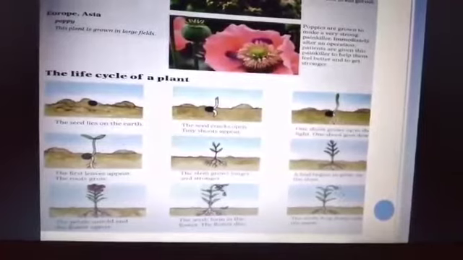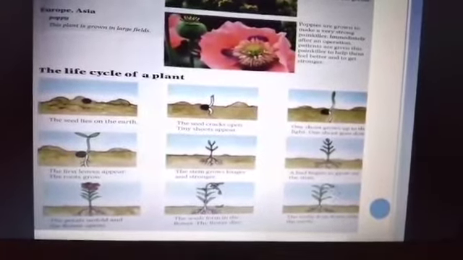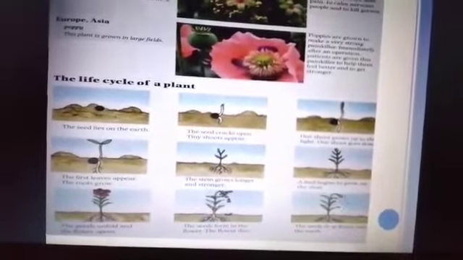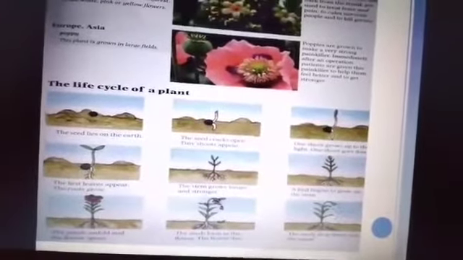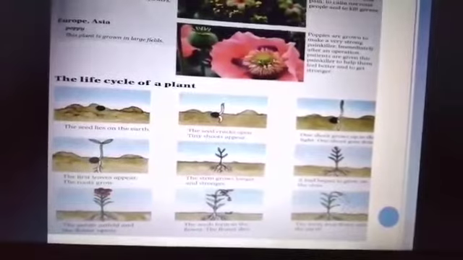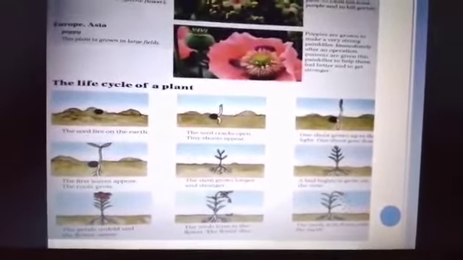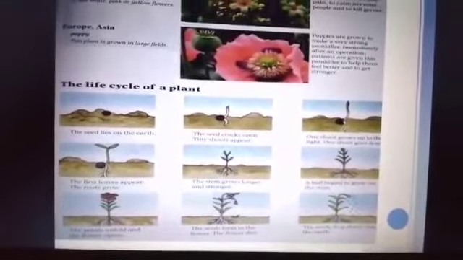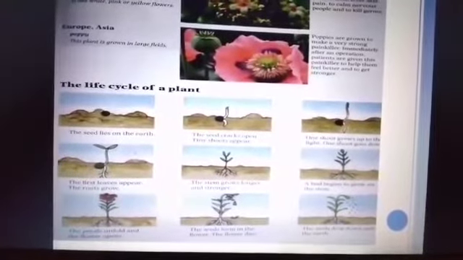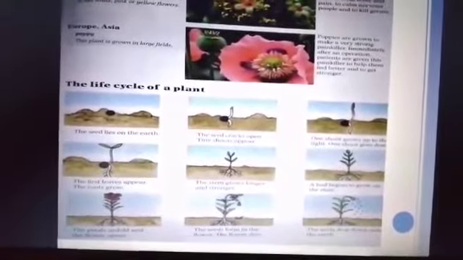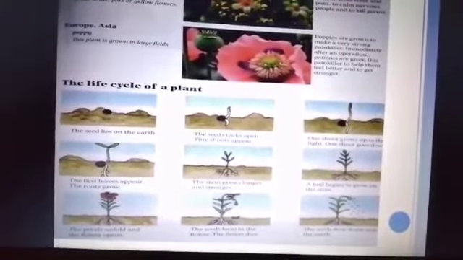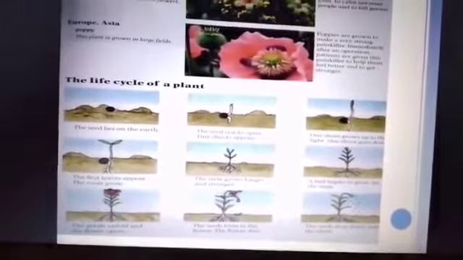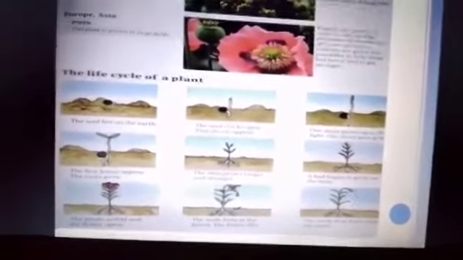And then one shoot grows up and one shoot goes down and the first leaves appear and the stem grows longer and stronger, and then a bud begins to grow on the stem and the petals unfold and the flower opens. Then the flower dies and the seeds form in the flower and the seeds drop down onto the earth and so on.